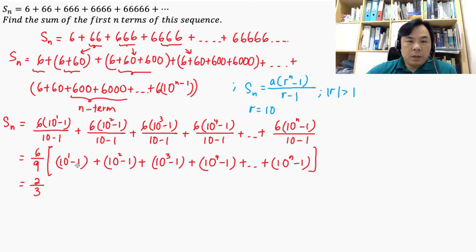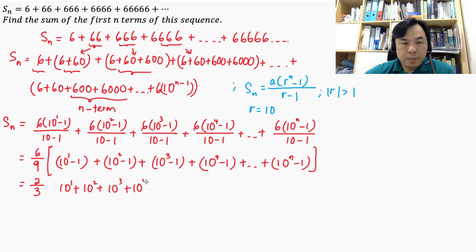And then you notice that we do have -1 repeat themselves. How many times? n number of times because there are n terms here. So therefore, I'm going to divide and conquer again. Here I have 10, 10 to the power 1, 10 to the power 2, and so on and so forth until I get my 10 to the power n here.